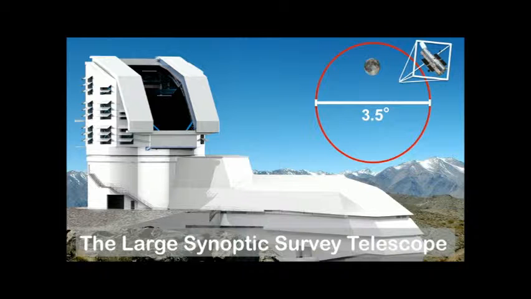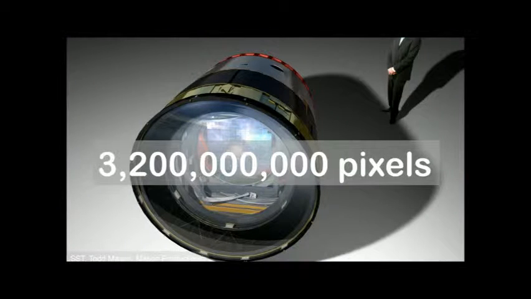Because one image from the LSST is equivalent to 3,000 images from the Hubble Space Telescope. Each image 3.5 degrees on the sky, 7 times the width of the full moon. Well, how do you capture an image at this scale? Well, you build the largest digital camera in history, using the same technology you find in the cameras in your cell phone or in the digital cameras you can buy in the high street, but now at a scale that's 5.5 feet across, about the size of a Volkswagen Beetle, where one image is 3 billion pixels.